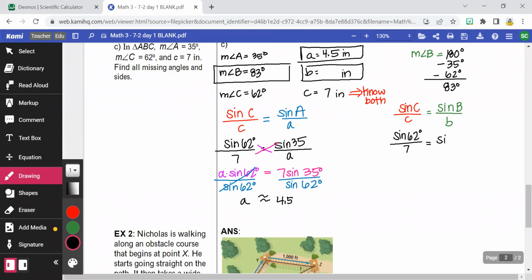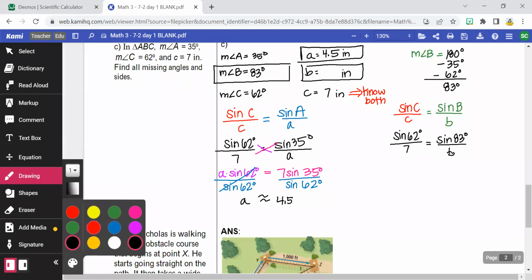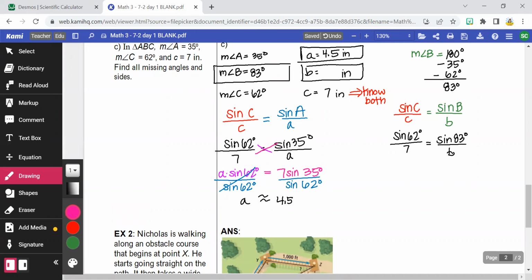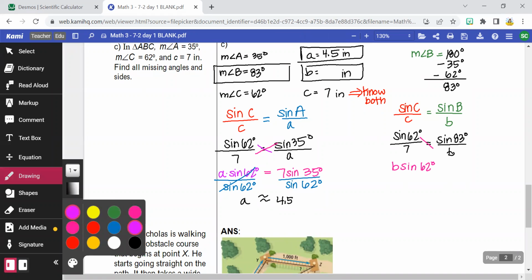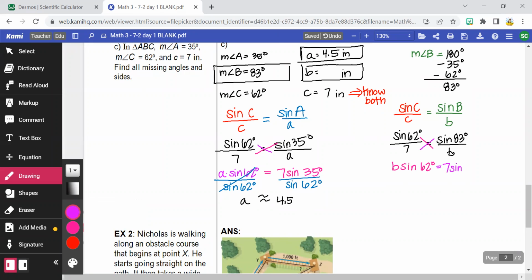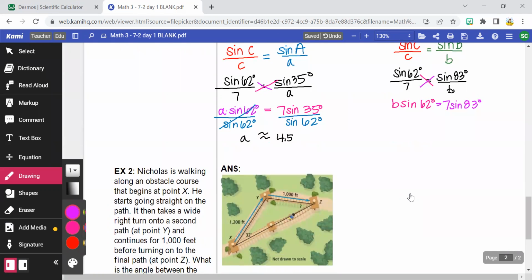This time it is equal to sine of 83 over our unknown. So if we cross multiply, B times sine of 62 is going to be equal to 7 times sine of 83. Then we're going to solve for B. So let's divide both sides by sine of 62.